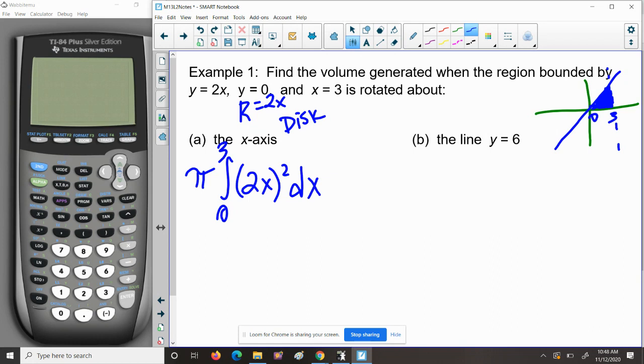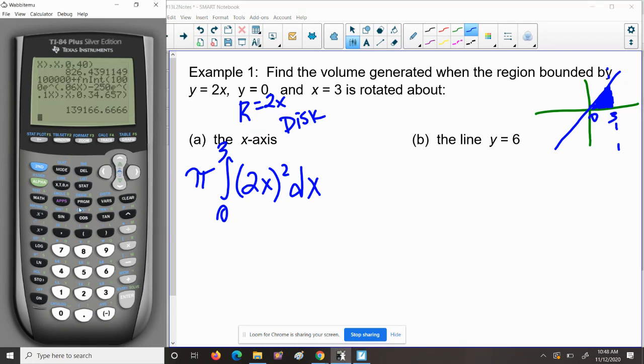Now, we could do this one by hand, but because we're interested in getting to these answers quicker, I would just go ahead and put it in the calculator. Integral of 2x all squared, comma x, comma 0, comma 3, and then I need to remember to multiply by pi.